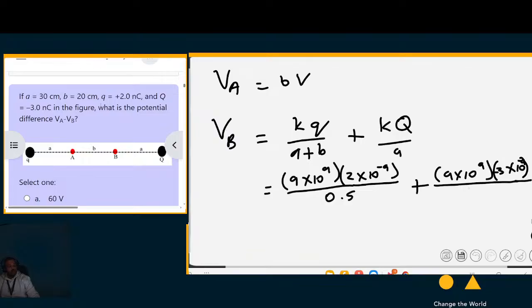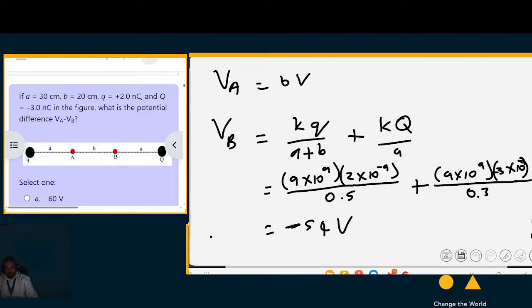And then we have only A here. Look how it has switched. Only A here, which is 0.3 meters. If you plug that into your calculator, you should get negative 54 volts. So VA is 6 volts, VB is negative 54 volts.